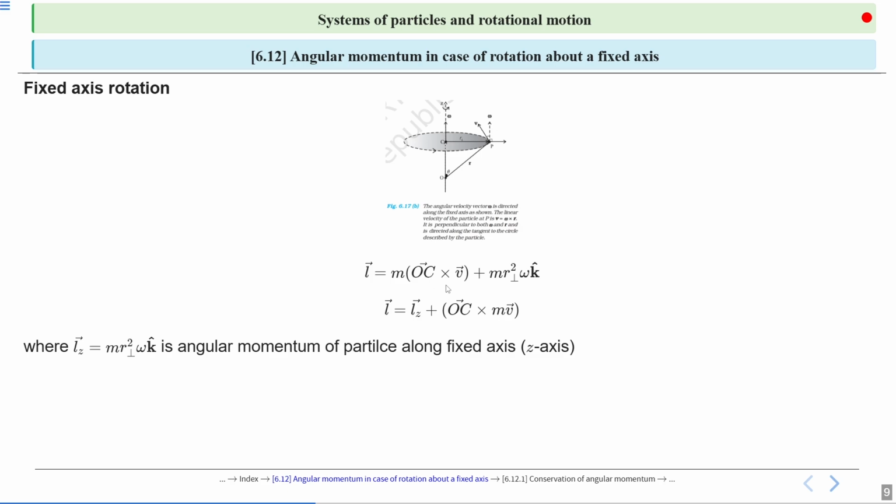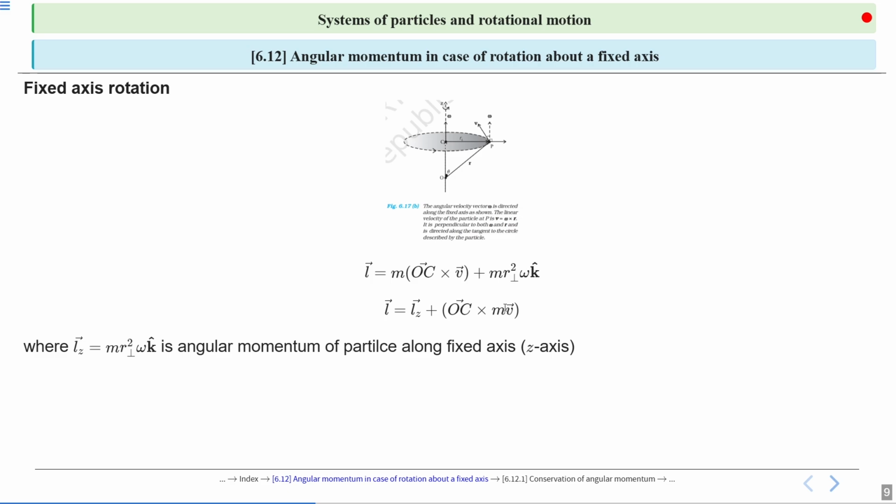Now we know this one, M R square perpendicular omega K is the angular momentum of the particle along the fixed axis. So here the fixed axis is the Z axis. So it will be L is equal to Lz plus this term as it is. So it will be OC cross MV.